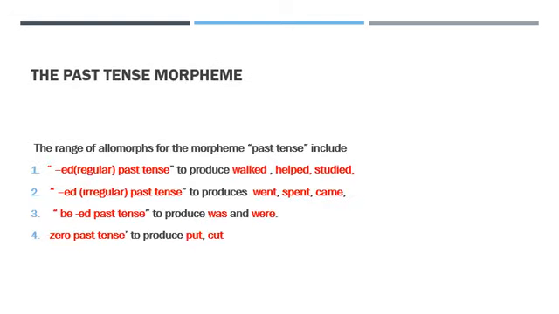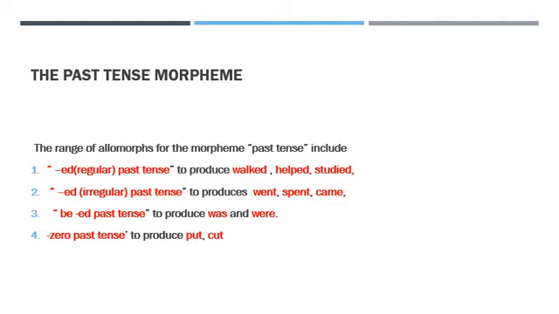What about the past tense morpheme? This is the abstract sense of the morpheme, but we have 4 different forms to make past tense in English, and these are called allomorphs of the past tense. We have ED for regular forms, like walked, talked, helped. We have irregular forms, for example, go, went; spend, spent; come, came.